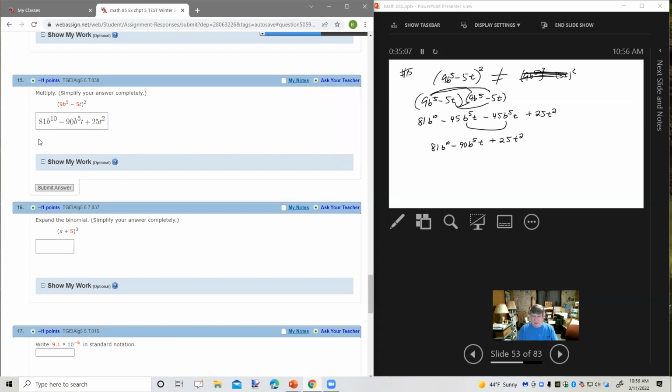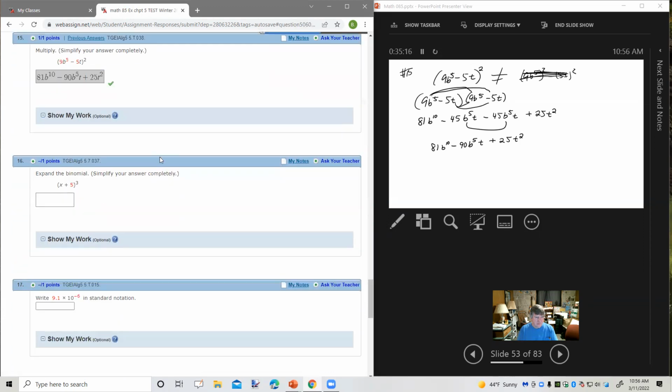Okay, let's see. 81 b to the 10th minus 90 b to the 5th t plus 25 t squared. Okay.